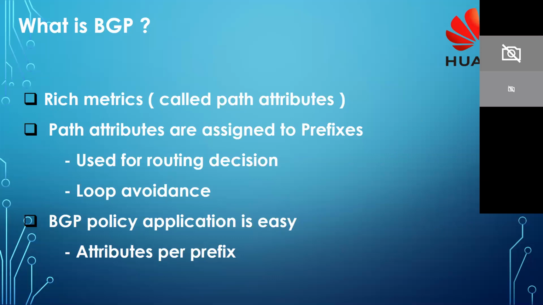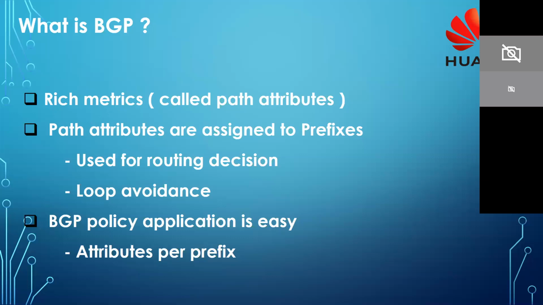The first reason is that BGP is highly scalable, so it can handle more than 1 million routes. BGP has a very rich metric, the path attributes, so the ISP can implement multiple policies for each prefix. And BGP is highly extensible. For example, when IPv6 came, for OSPF we needed to write a new protocol, so we have OSPF v2 for IPv4 and OSPF v3 for IPv6.